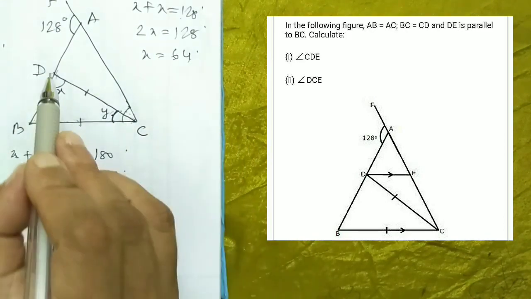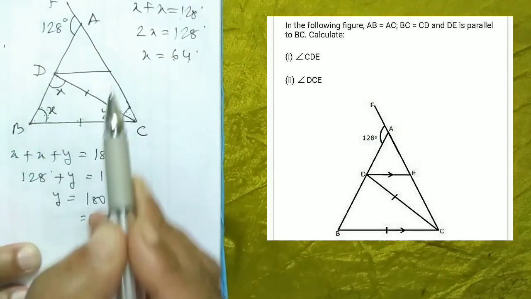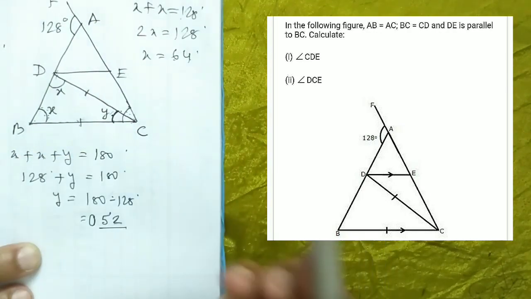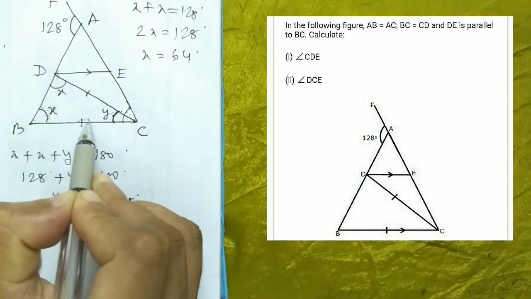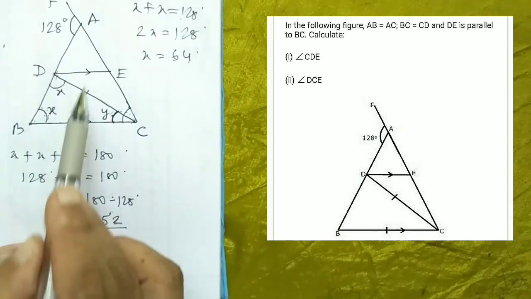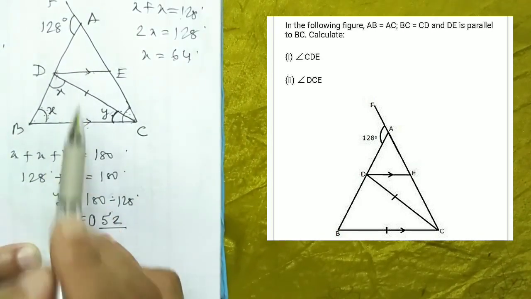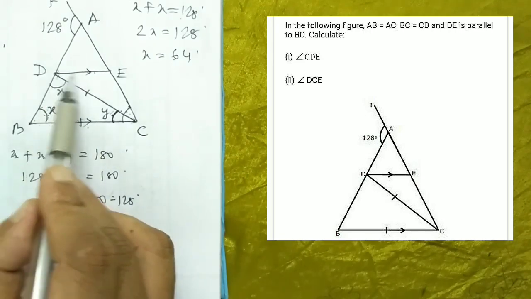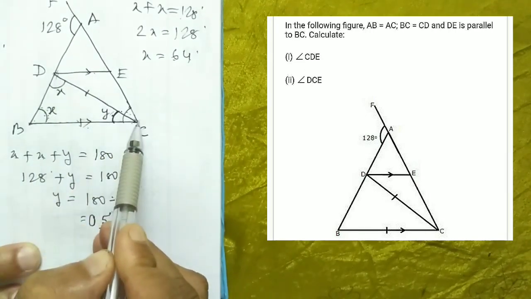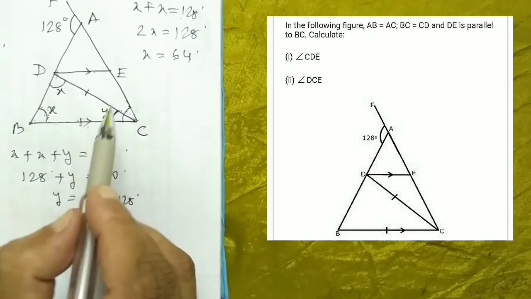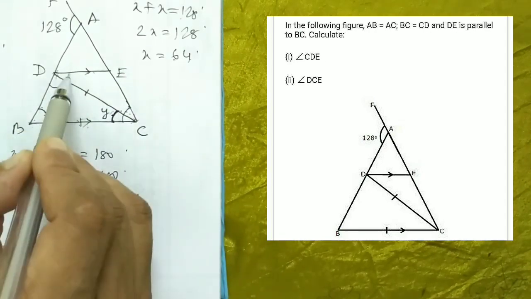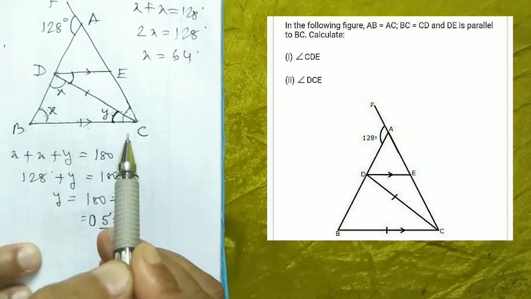Now it's given that this is another line DE, and these two lines are parallel. You can see in the question they are giving arrows, so these two lines are parallel. That means this angle and this angle are equal. Why?